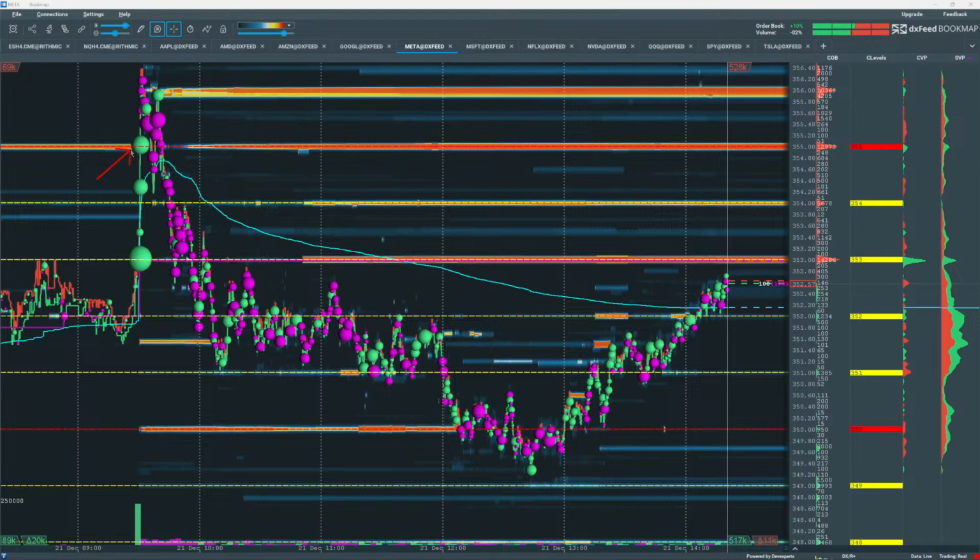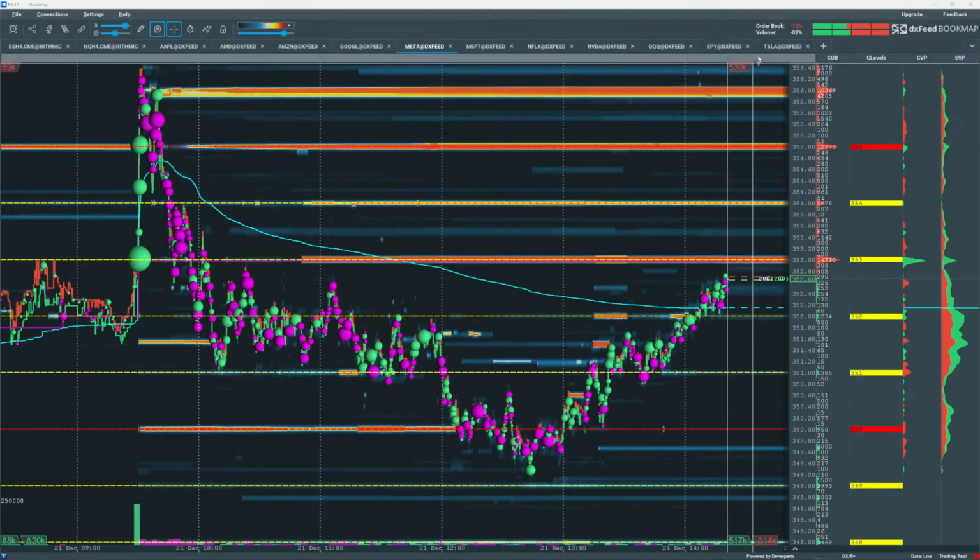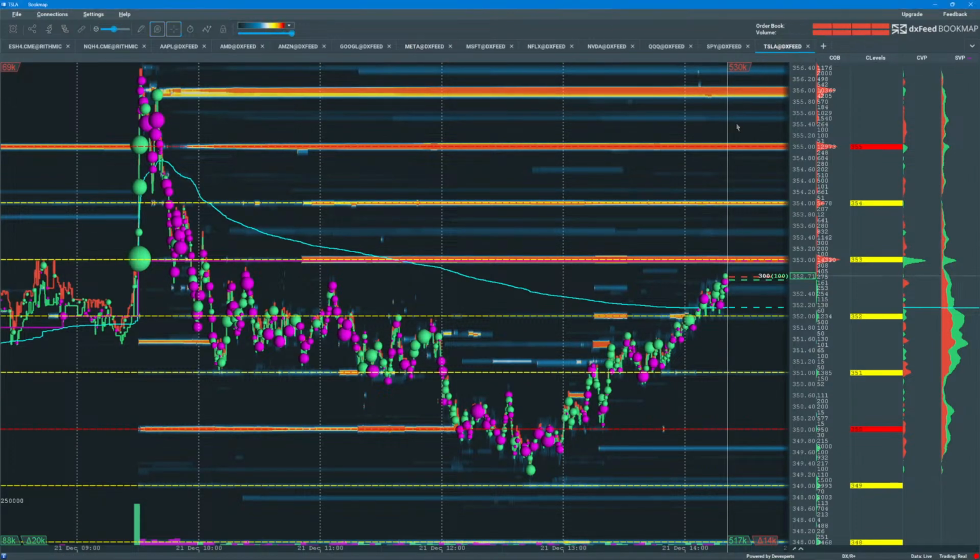Sharp move higher, aggressive buyers shown by the green volume dots, and then aggressive sellers start to come in shown by the magenta volume dots, and Meta breaks below the 355 call wall, doing its job and acting as resistance as expected. All right, the next stock I want to take a look at is Tesla.